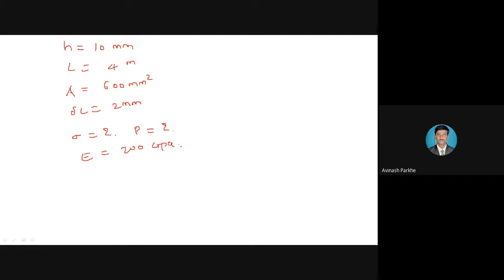That elongation is given, 2 mm. So due to that unknown weight, how much stress is induced and how much is the unknown weight falling from the certain height? These two parameters we have to calculate.